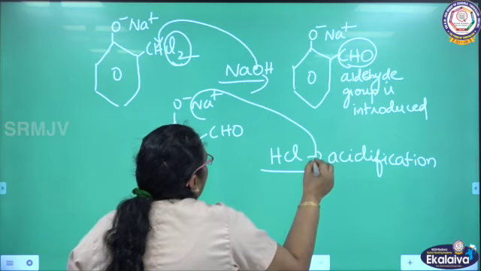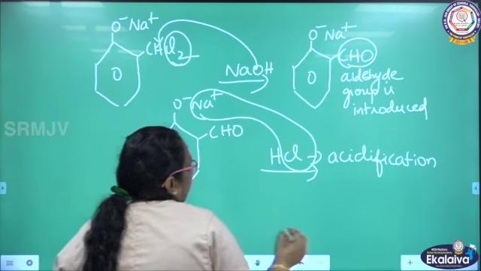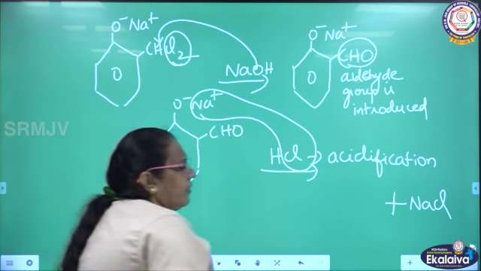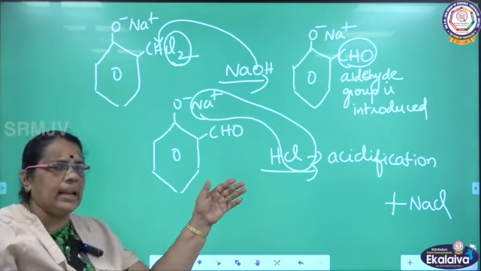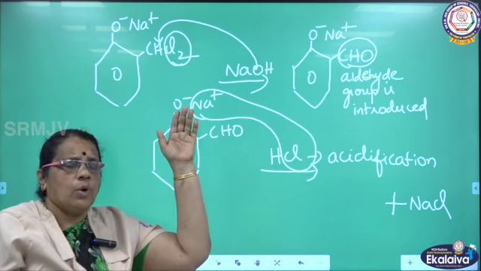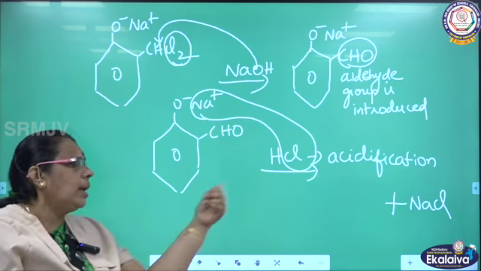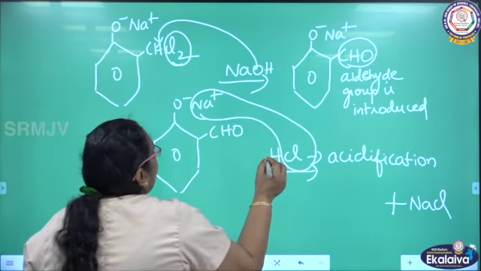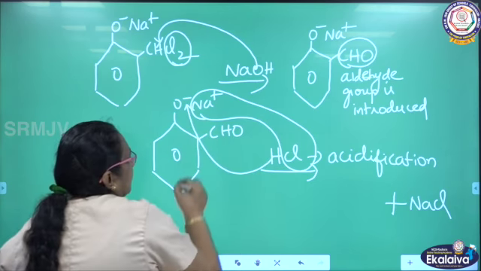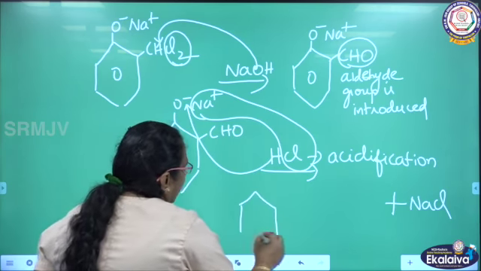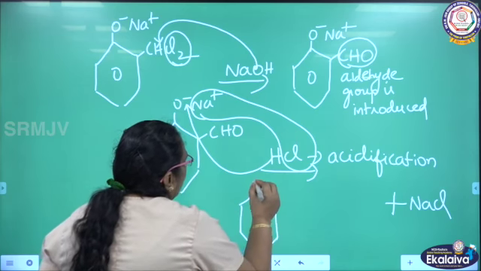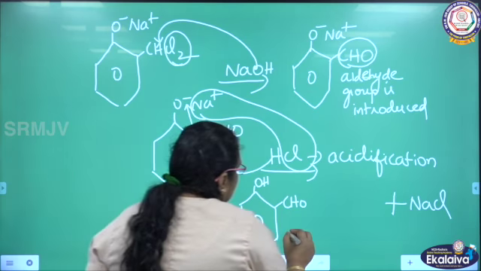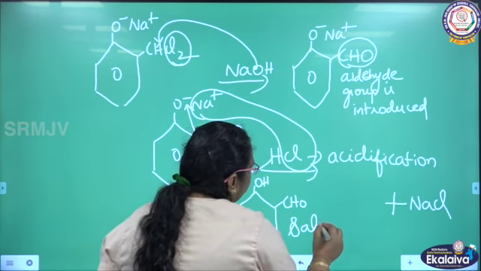Na from O-Na+ of phenol and Cl from HCl will be removed as NaCl. In the place of Na, H is substituted. What is the product we are getting here? C6H4(OH)CHO. What is the name of this compound? It is salicylaldehyde.